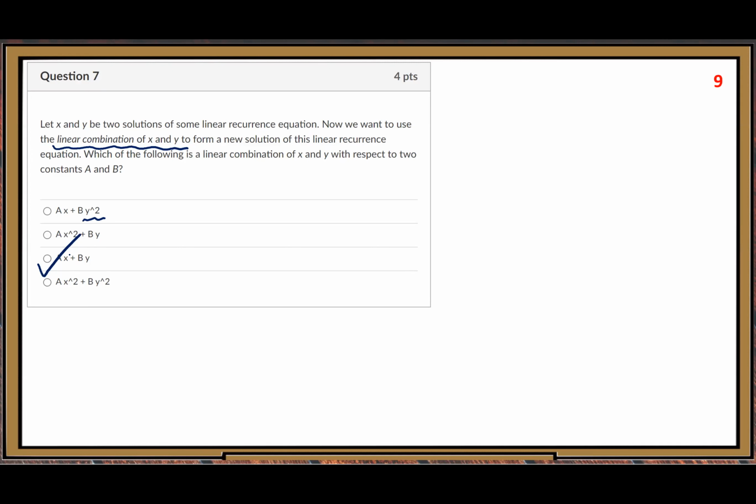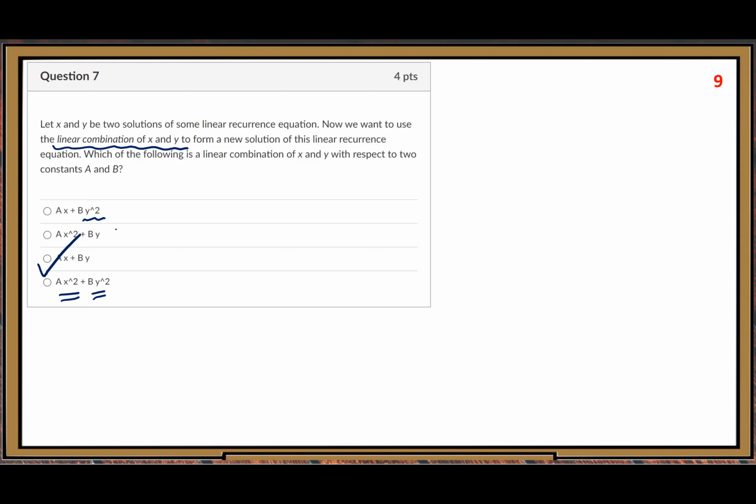All right. You can easily remove those options that contain some square term, and the linear combination.